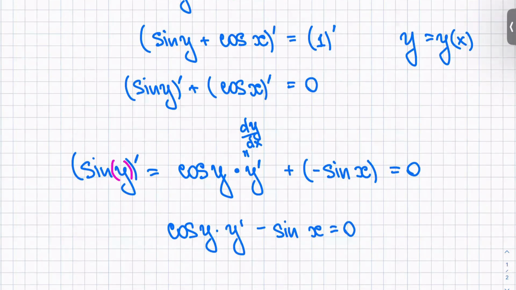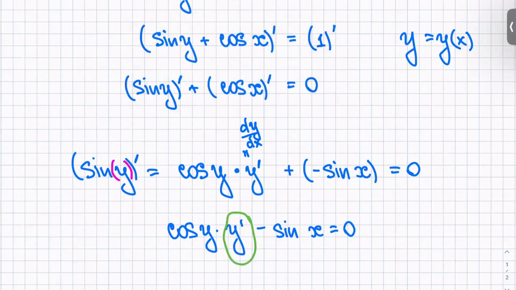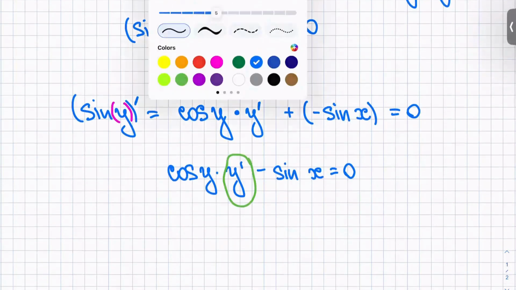So now, dear students, to find the first derivative, or the derivative of the first order of the function y, we just simply have to solve this equation that we obtained with respect to y prime. So we consider y prime to be our variable in this equation, and we just solve for it as we get used to do it in algebra.